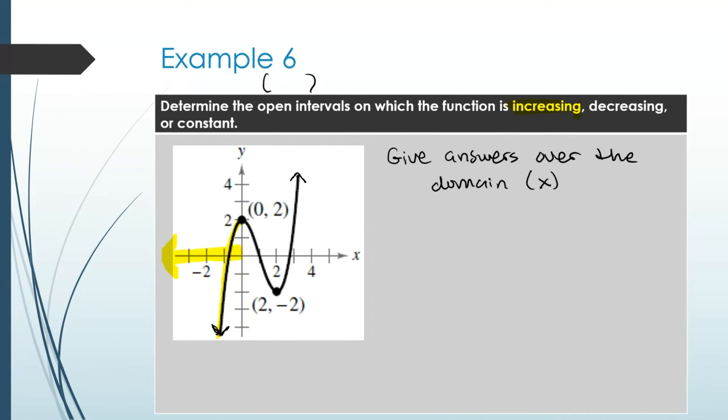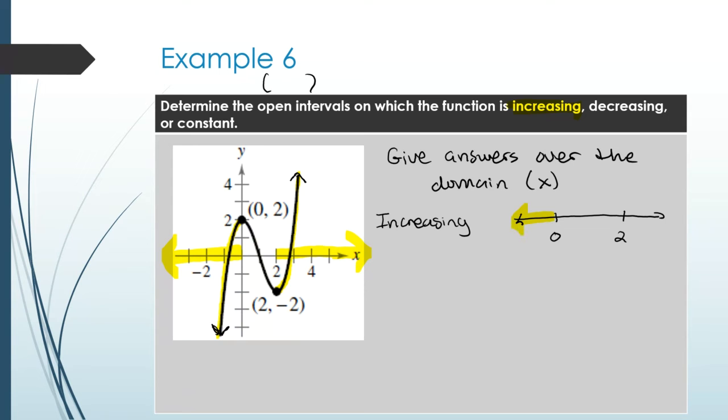And then according to the graph, I'm increasing again for this part. That starts at 2 on the x, and then goes on forever. So we are increasing. If I draw my number line, I have 0 and 2 as the endpoints there.